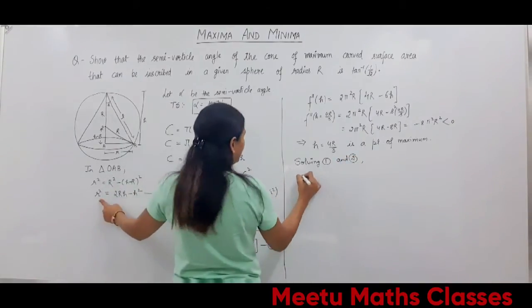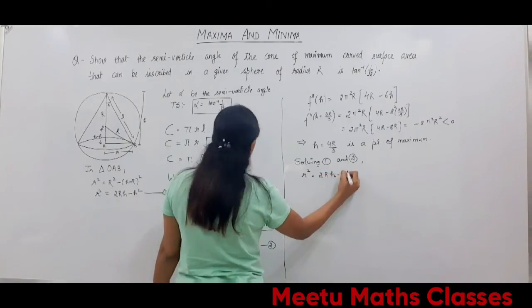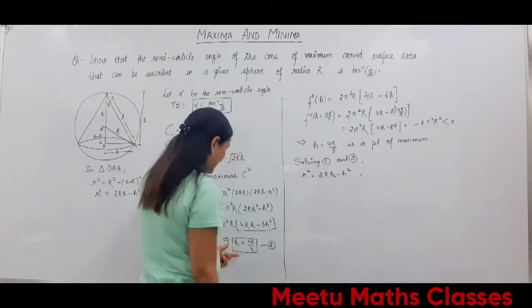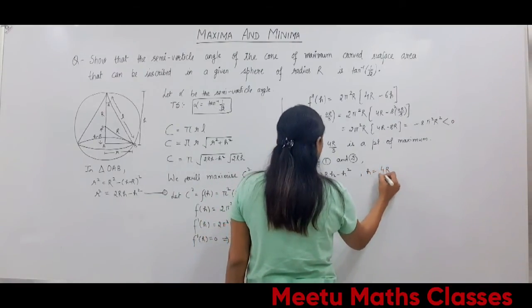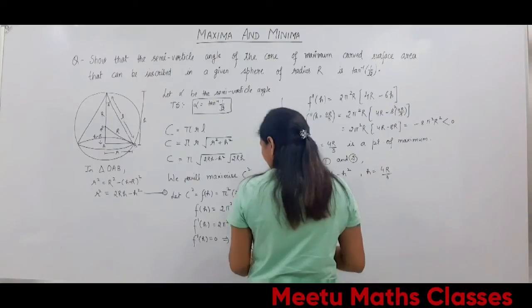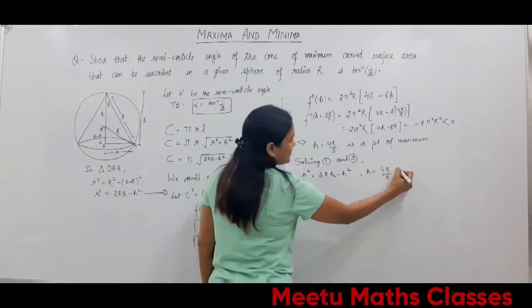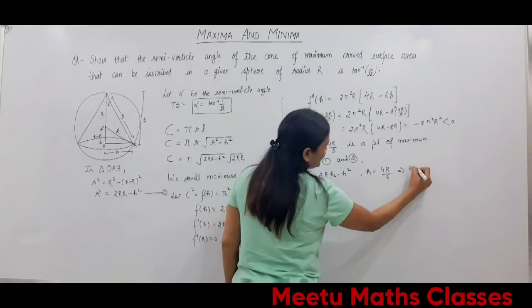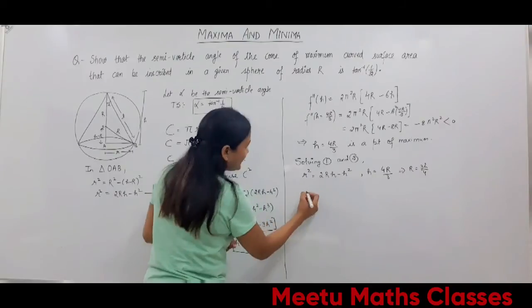Your first statement is r square is equal to 2Rh minus h square, and second is h is equal to 4R upon 3. So you are going to replace R here. So R can be written as 3h upon 4. Substitute the value of R here.